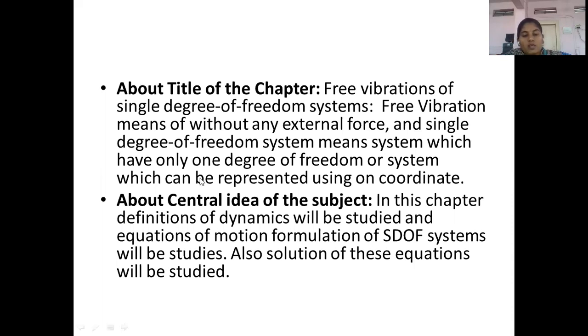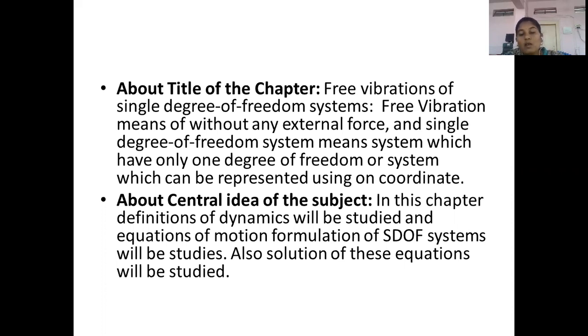Now we'll move towards the next point, the central idea about this chapter. In this chapter, the definitions of dynamics will be studied, and the equation of motion and its formulation for SDOF systems will be studied. बघा या ठिकाणी आपल्याला काय काय शिकायचे. We have to understand the basics about dynamics. What is dynamics? We have to study that part here.